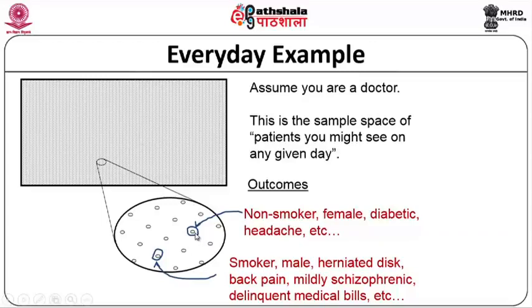So, I can choose a patient who may be a non-smoker, a female, diabetic and might have had a headache, or I can choose another outcome which is associated with a patient who is a smoker, whose sex may be male, he may have back pain, be schizophrenic, and he may be associated with delinquent medical bills, etc. So, when I choose a patient, that patient becomes an outcome for the given sample space.